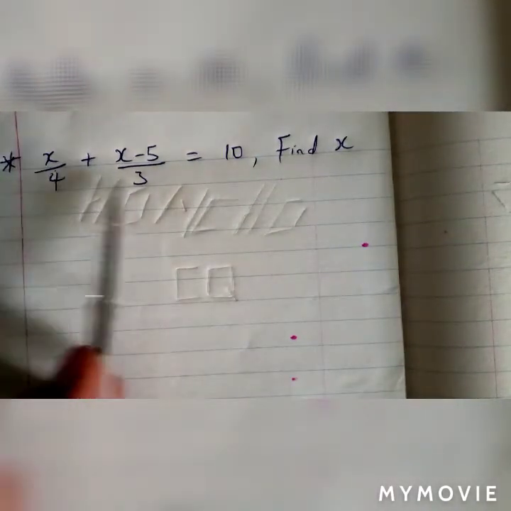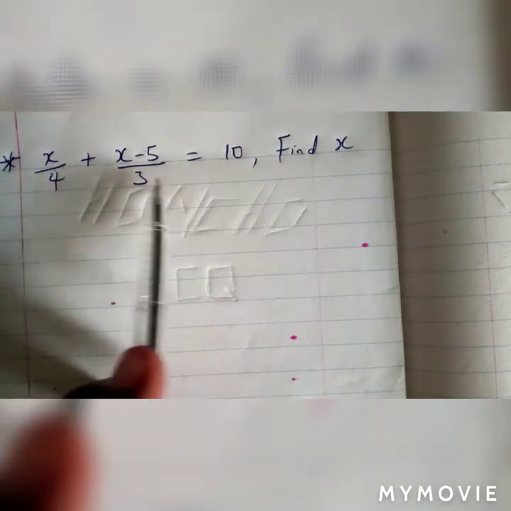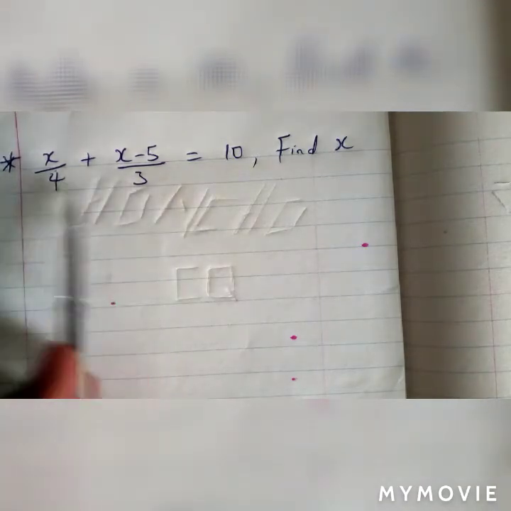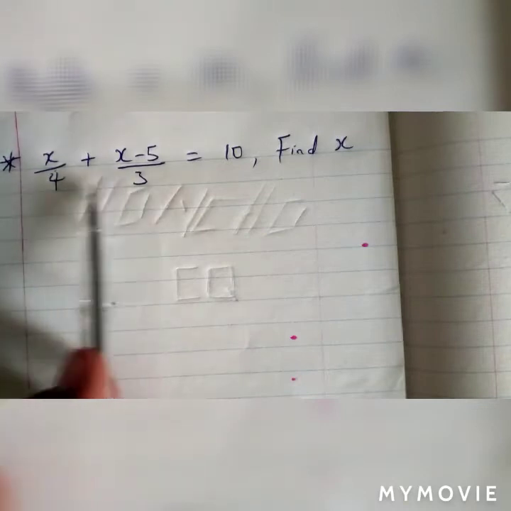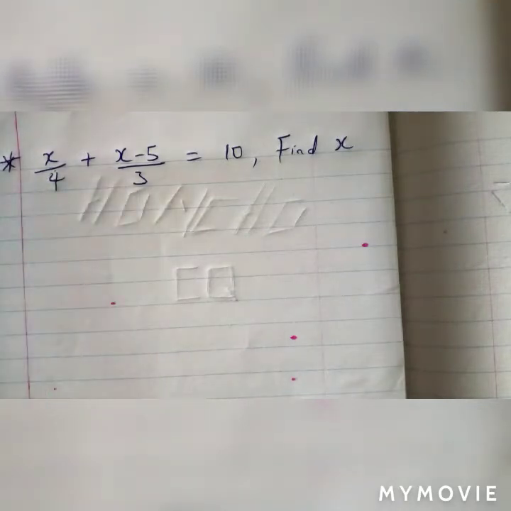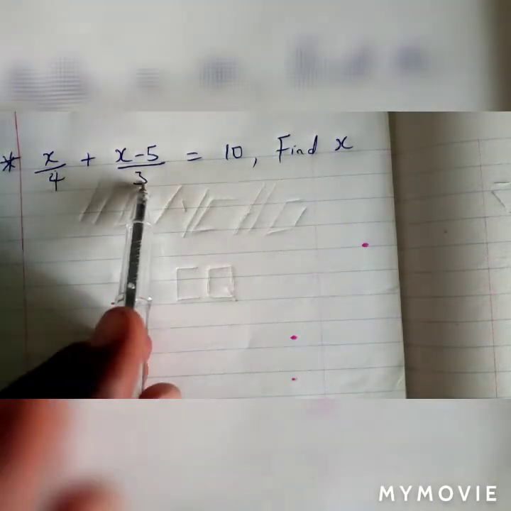These are fractions that have different denominators. Since the values of the denominators are different, we get the LCM of 4 and 3.